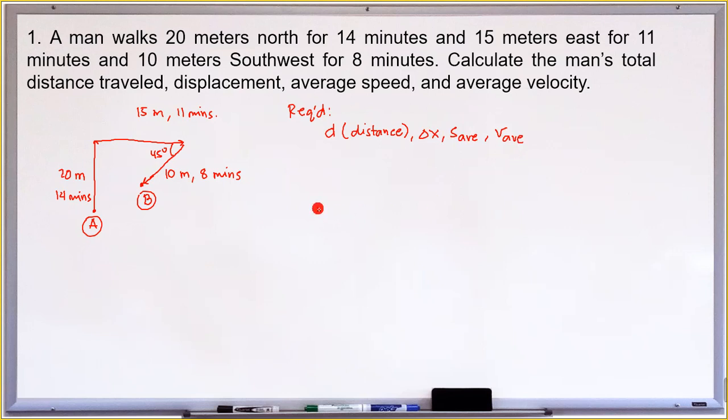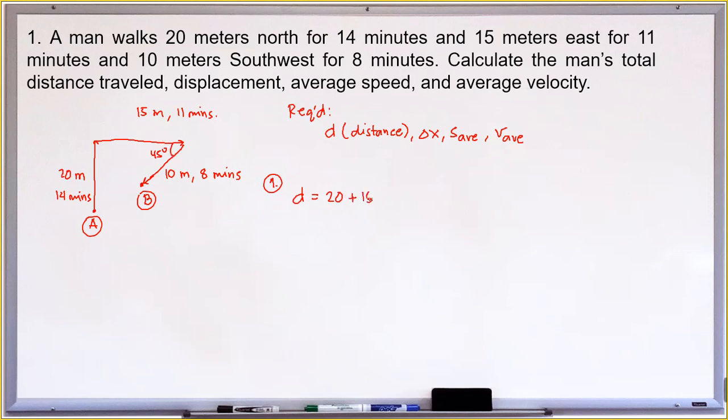Now let's start with the distance. For the distance, remember, you add the distances covered. So the first part of the trip, 20 meters north. Second part of the trip, 15 meters.